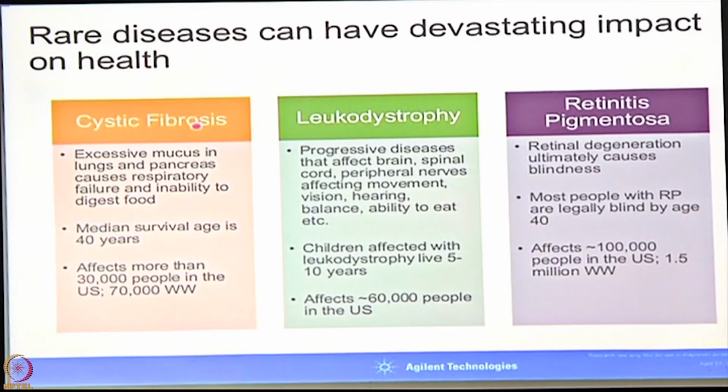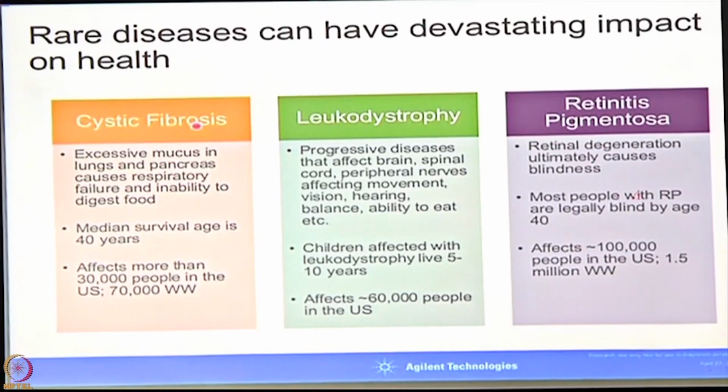Then leukodystrophy. This is again a progressive disease affecting the brain, spinal cord, and the nervous system. It basically affects children, 5 to 10 years old, and around 60,000 children are affected worldwide.